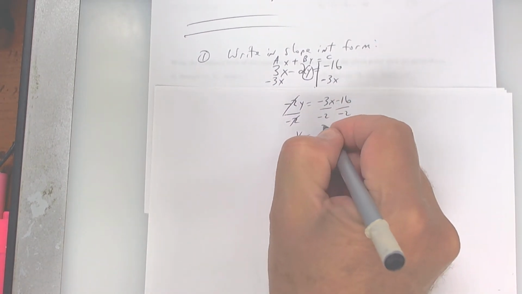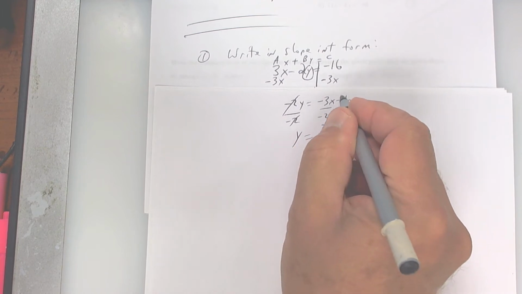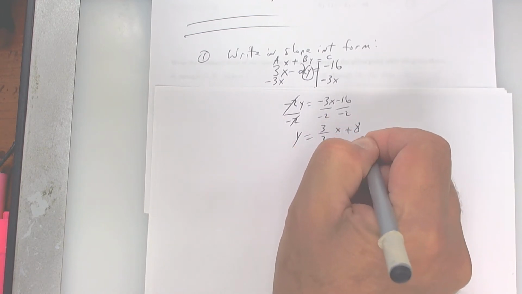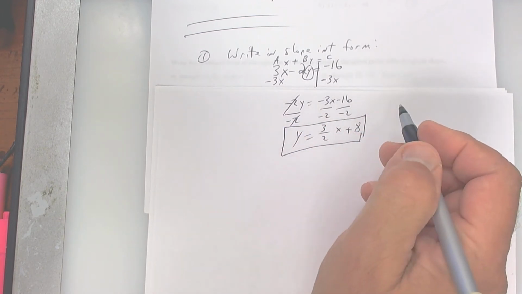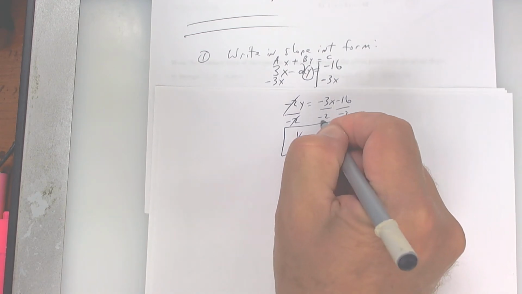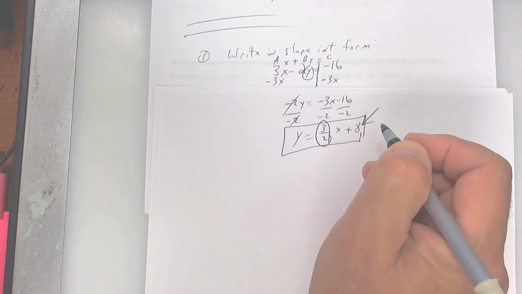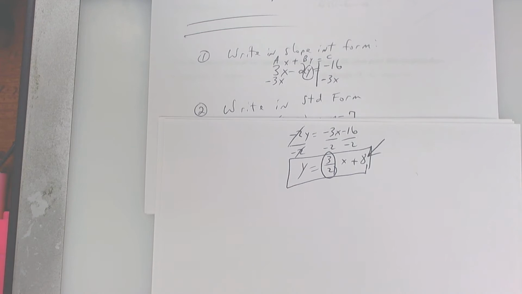This becomes a positive, double negative. This becomes a positive, and this is called slope intercept form. There's your slope. There's the y-intercept. All right, let's keep moving.